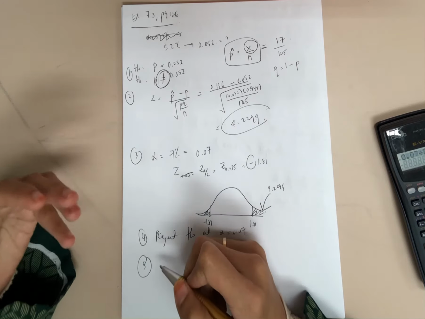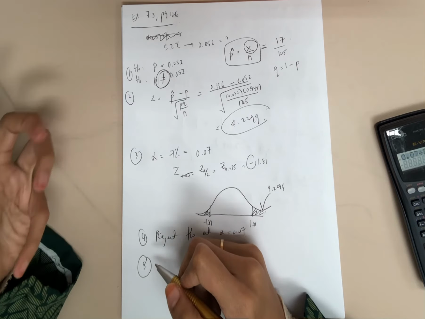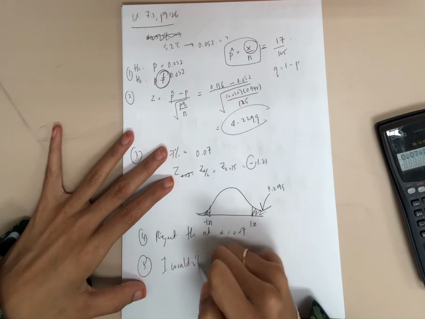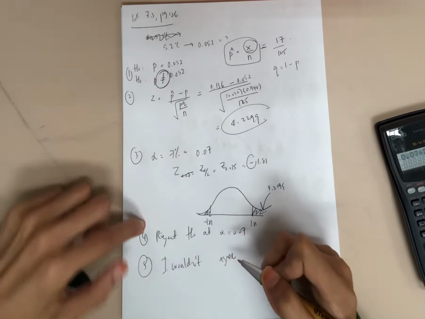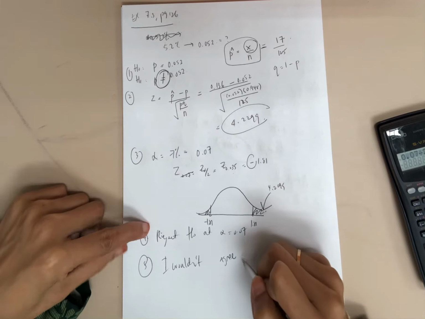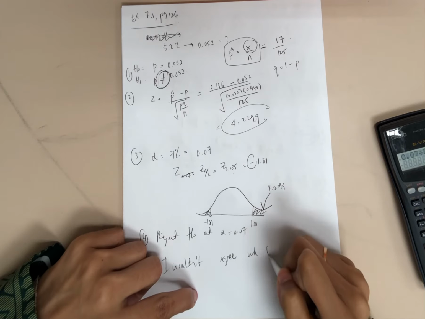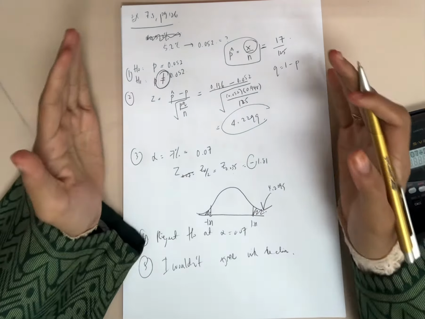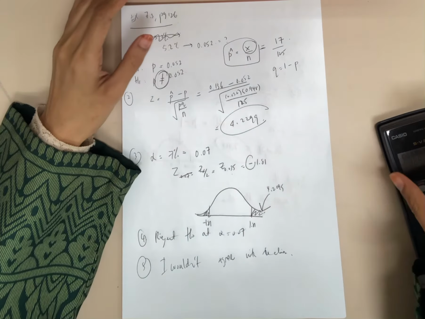Because the question says, would you agree with the manufacturer's claim? Therefore, I wouldn't agree, because we reject. I wouldn't agree with the claim. Alright, so this is the example of proportion.